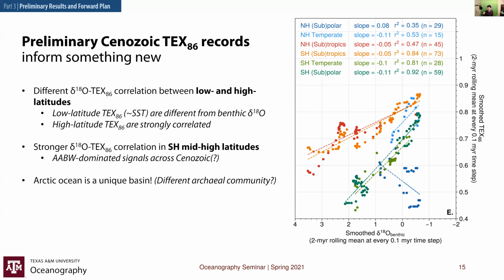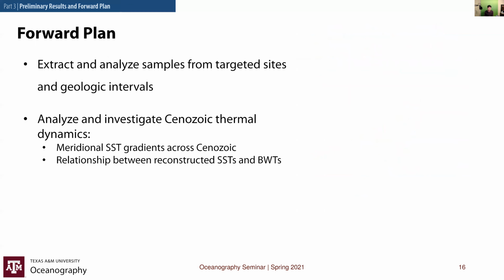So these opposite trends just confirm that the Arctic ocean is a different monster over the last 66 million years. That's how we can use the TEX86 data to inform us about a more dynamic picture of the surface ocean beyond what we see from the benthic δ18O.